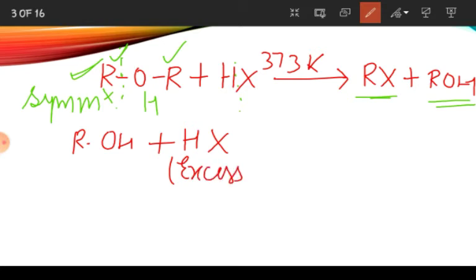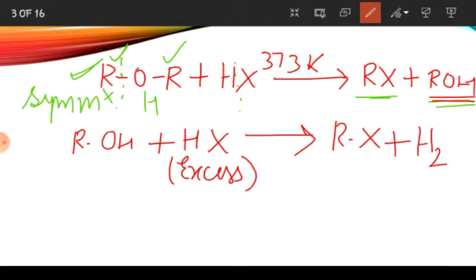It is not written, but you can mention here. And if HX is present in excess, then what will happen? One product is RX. The other product, which is alcohol, will also give alkyl halide if HX is present in excess. And what we will get?